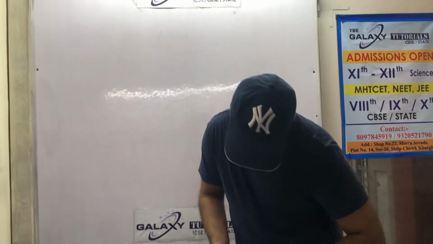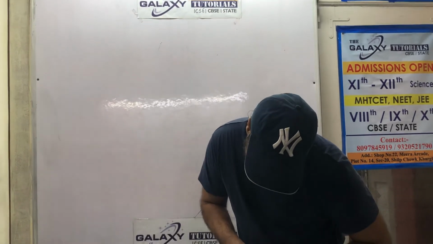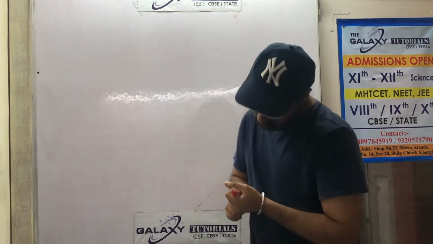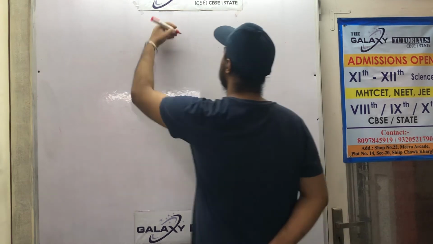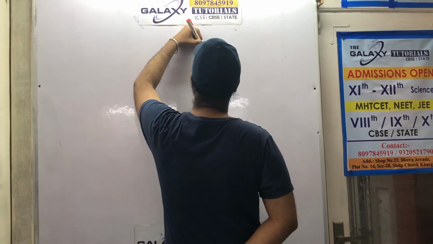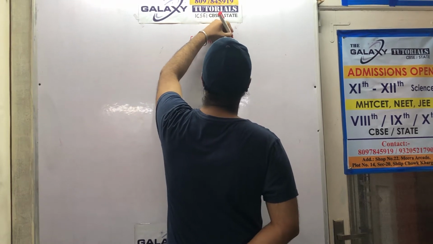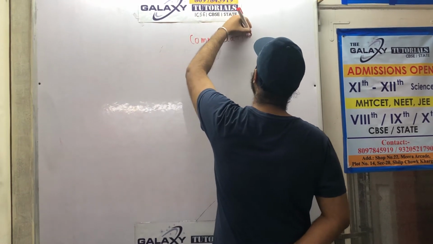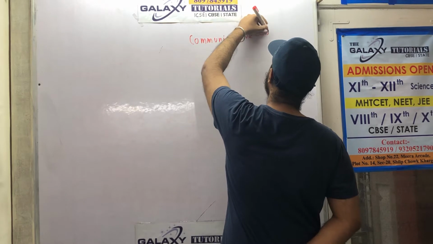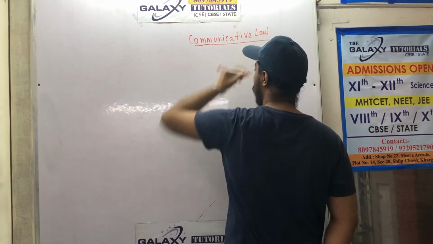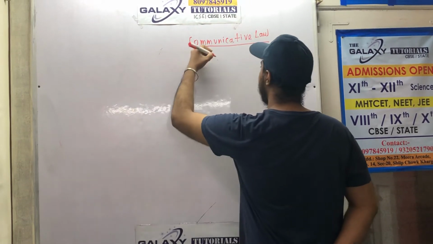Okay, now the next topic is properties of vector addition. The first property that we will see is the commutative law. What does this law basically state?